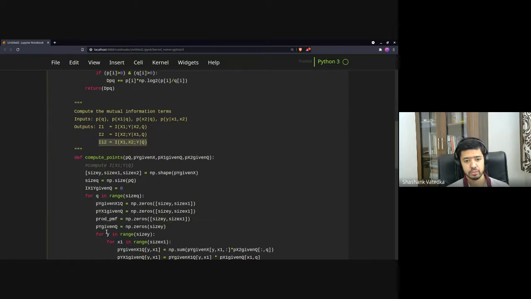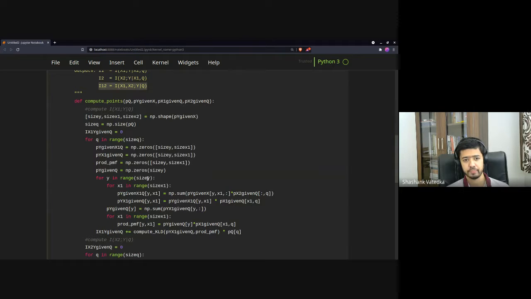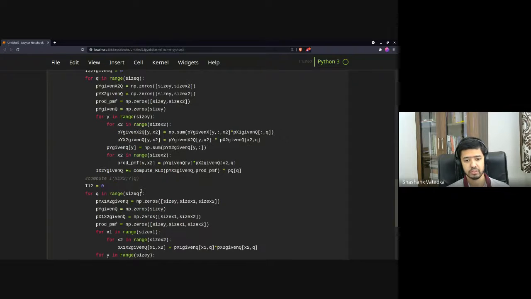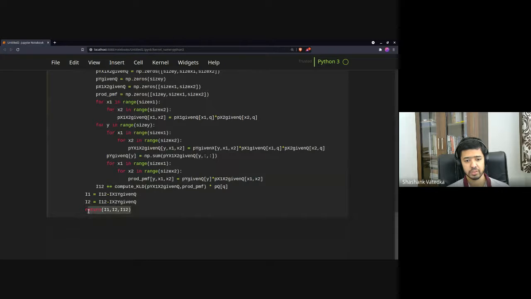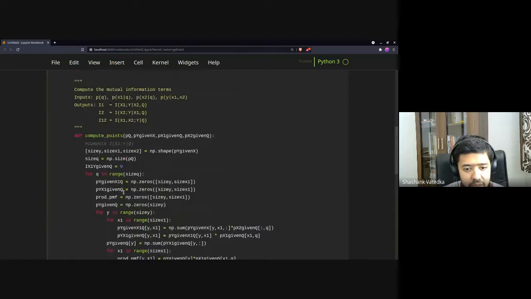Okay, so this gives me one set of points. The output is basically this. This is what my function returns, and I'll just have you believe me that this is indeed computing it correctly.